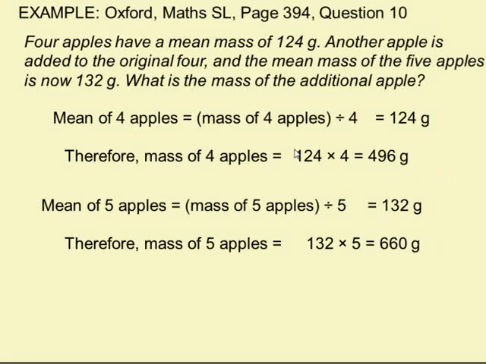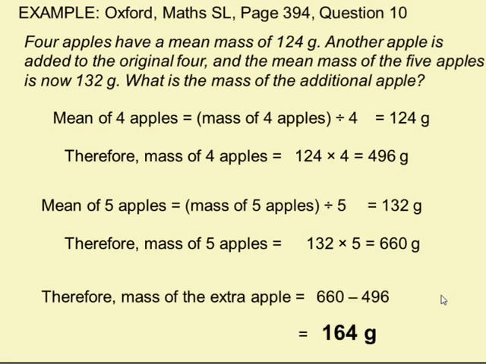So the mass of that extra apple must be the one apple that turned 4 into 5. So you do the mass of 5 apples minus the mass of 4 apples, which is 164, which is quite a heavy apple.